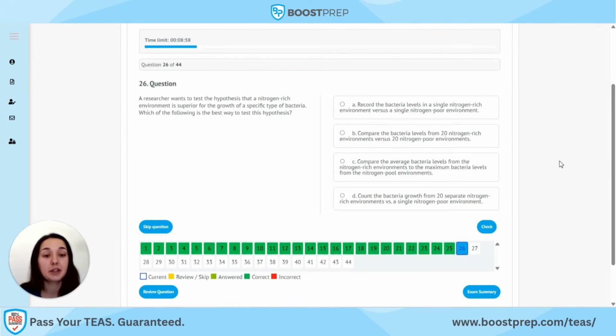B, compare the bacteria levels from 20 nitrogen-rich environments versus 20 nitrogen-poor environments. C, compare the average bacteria levels from the nitrogen-rich environments to the maximum bacteria levels for the nitrogen-poor environments. D, count the bacteria growth from 20 separate nitrogen-rich environments versus a single nitrogen-poor environment.